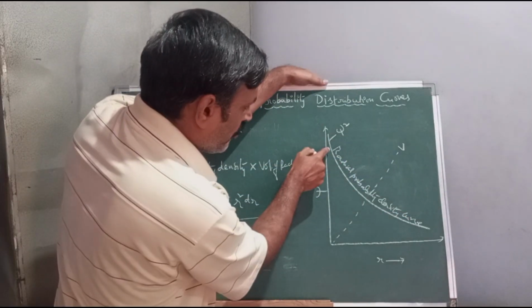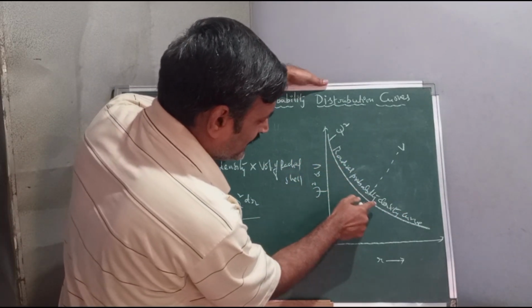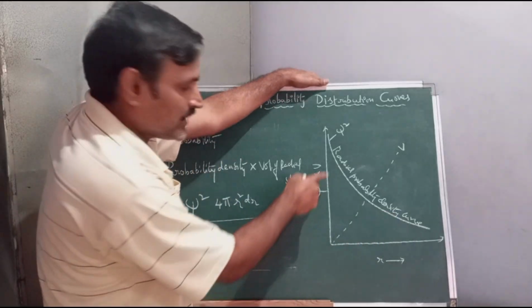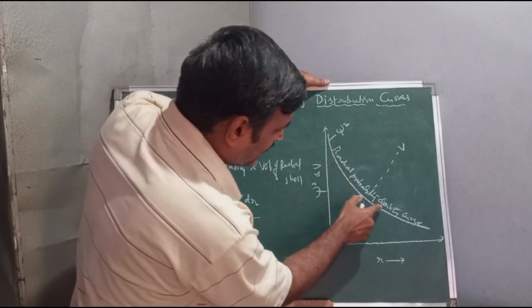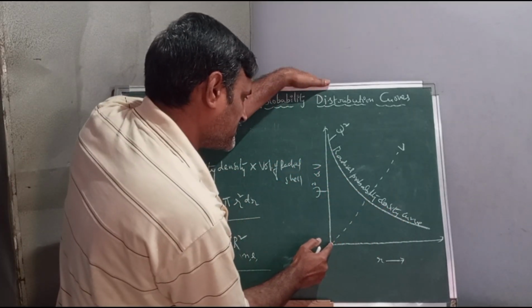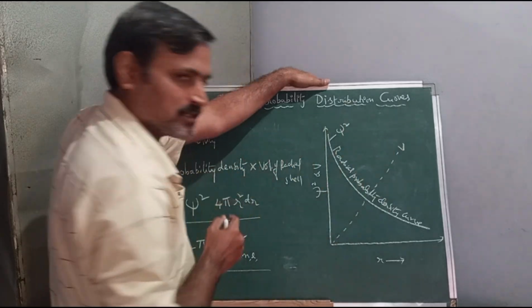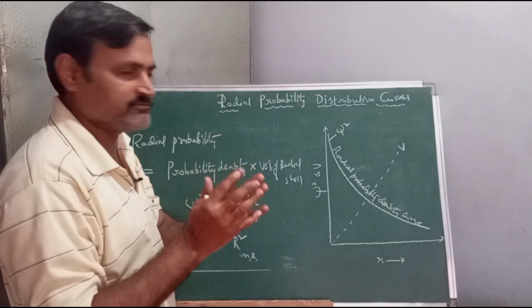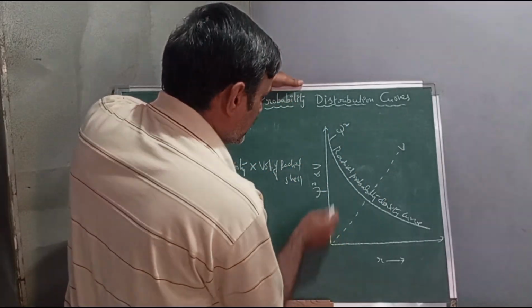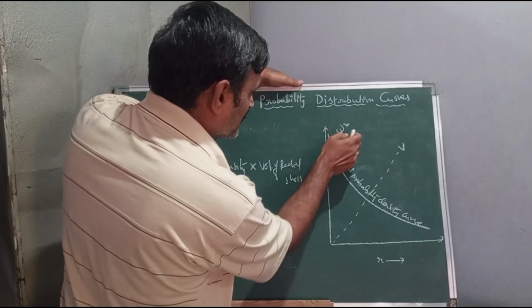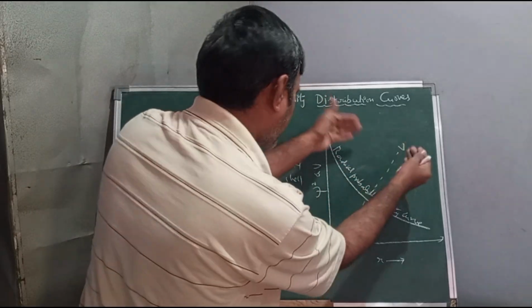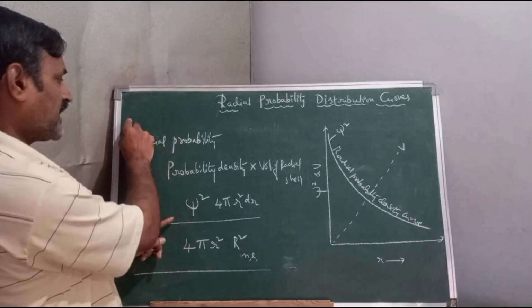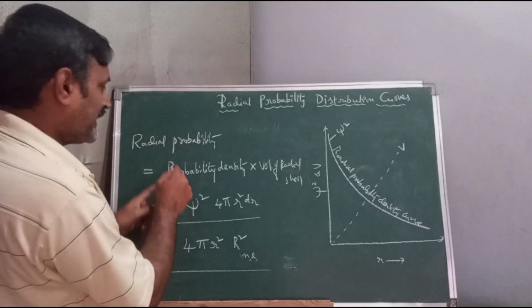This curve we call the radial probability density curve. From the nucleus to this distance is the volume of the radial shell, and this is psi square. Their product we now call the radial probability density.